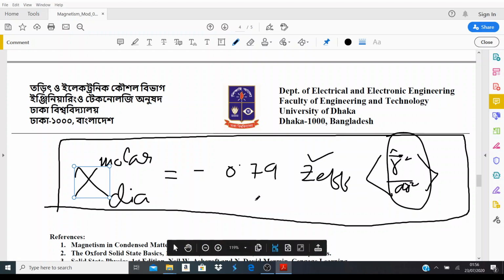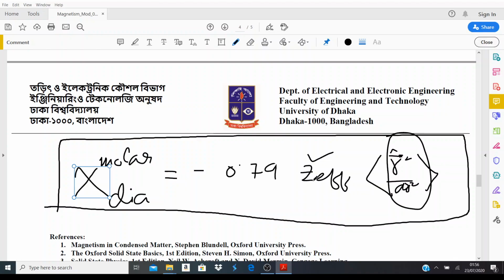And I think this is the end of the discussion on diamagnetic behavior of the atoms. And then from the next lecture, I will try to explain how to tackle paramagnetic behavior in an atom. But for that, we need some more concepts from quantum mechanics.